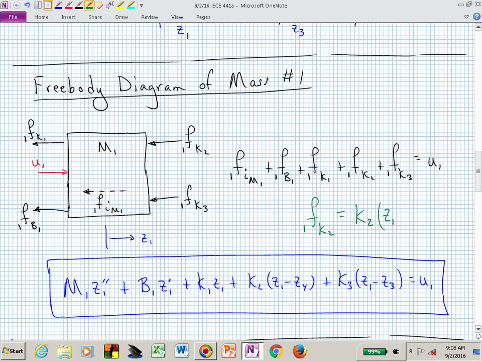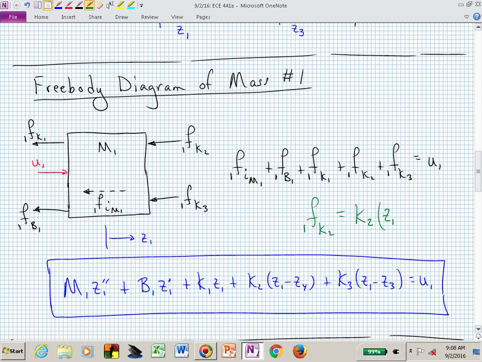Now, if I fix Z1 and I say I want a force going to the left for F sub K sub 2, associated with spring K sub 2, what do I need to do with the right-hand side of that spring? Is it minus W4?